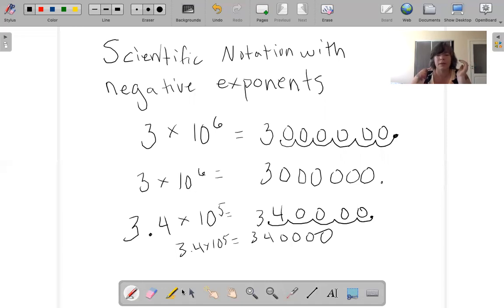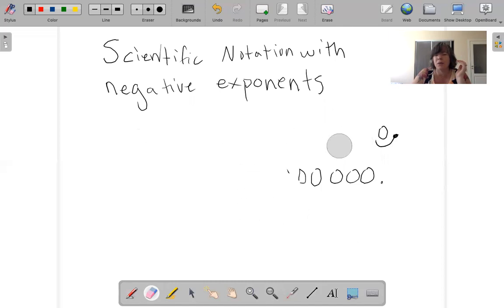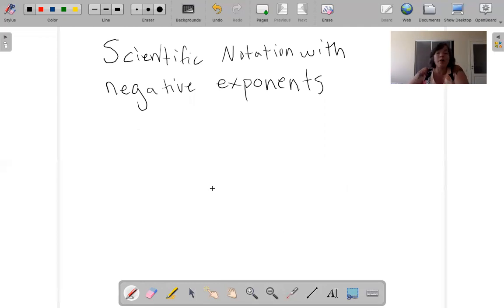Now, let me erase this. Okay, so if we multiplied with positive exponents, what do you think we do with negative exponents? Yes, we divide. And I already showed you how to do negative exponents. Let's say 3 times 10 to the negative 4th.